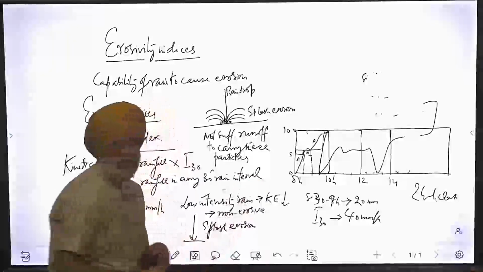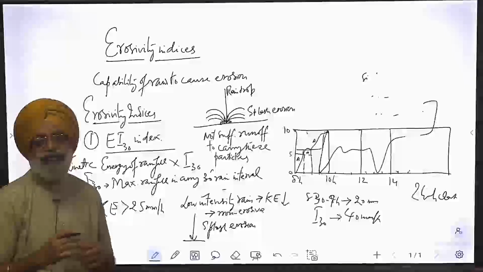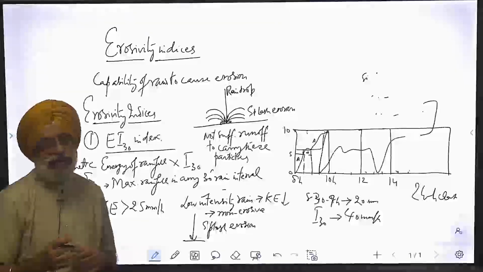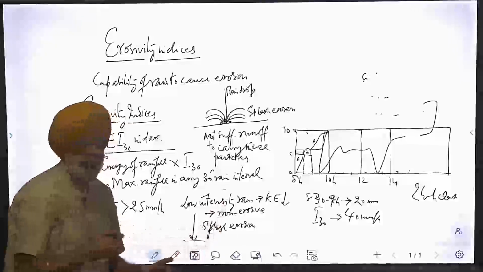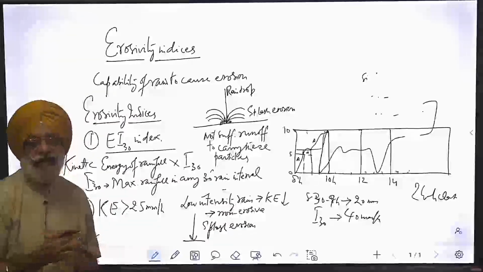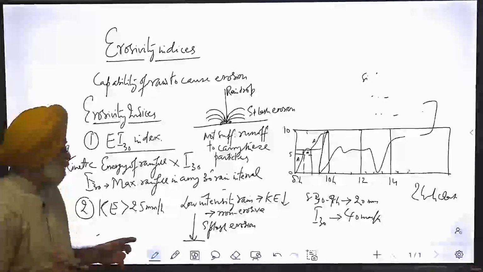So, that means soil erosion will not be there. So, if soil erosion will not be there, then we come to this conclusion that low intensity rain is not erosive, it does not cause erosion.